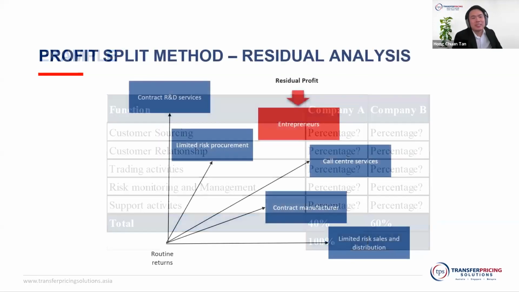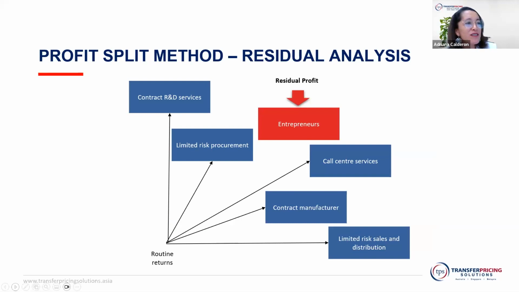So let's talk about the residual profit split, because coming back to your question of having more success, I will say that in theory, this approach has a little bit more success, because here you isolate the residual profit. You still do an exercise of benchmarking to remunerate the routine contributions, such as contract manufacturer or limited risk distributor.